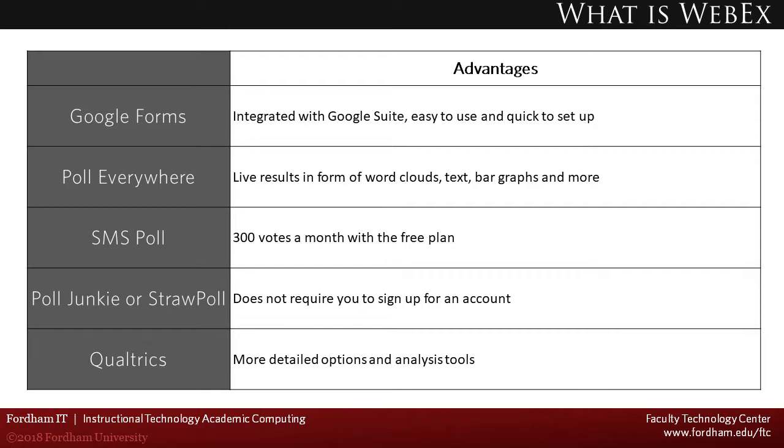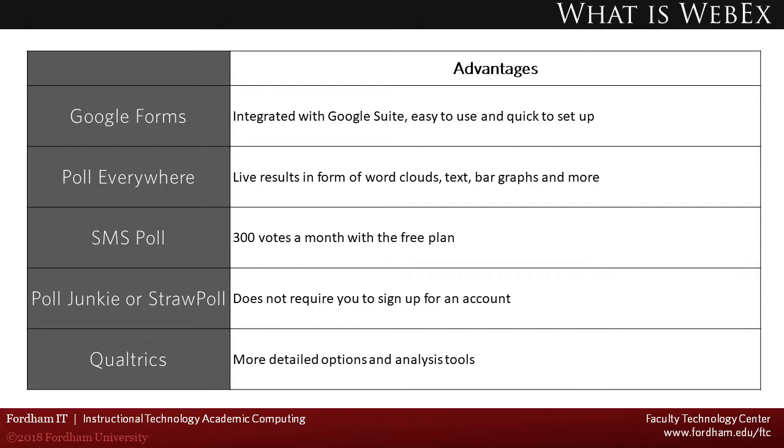Google Forms, of course, is integrated with the Google Suite. If you haven't used it before, it's just like creating a doc, but you would select under More, Forms. And the nice thing about that is it's integrated with your Google account, and then you can export it to a spreadsheet right there.